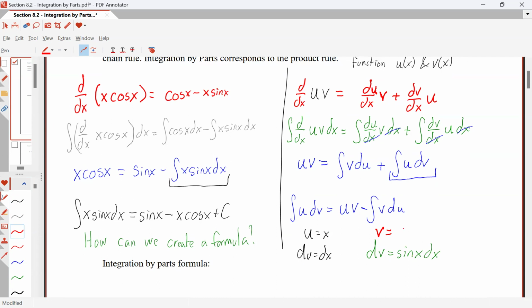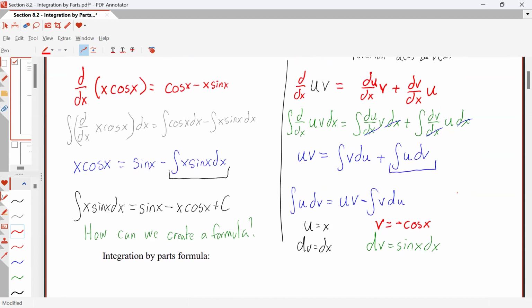So the integral of sine being negative cosine x.